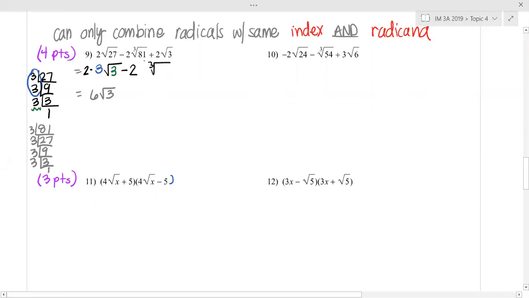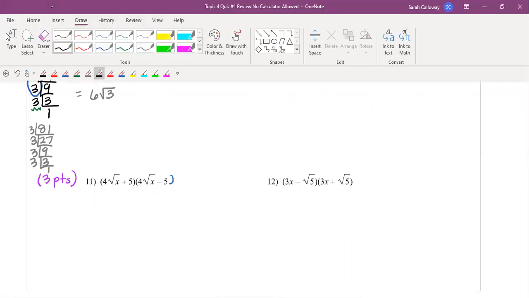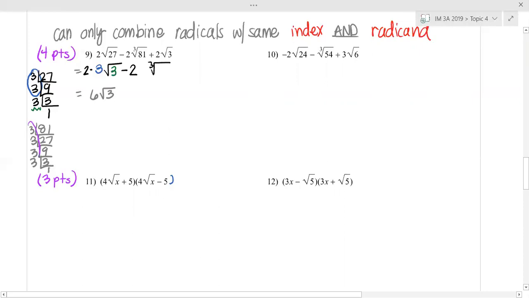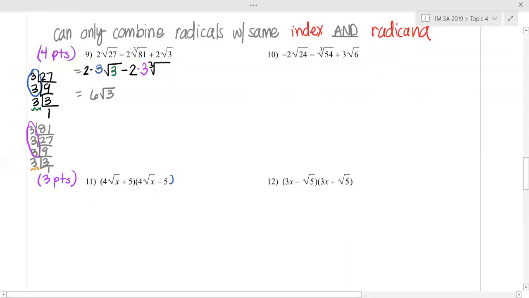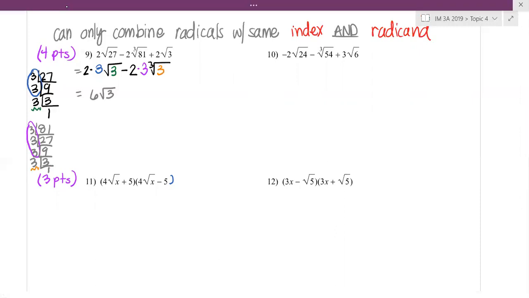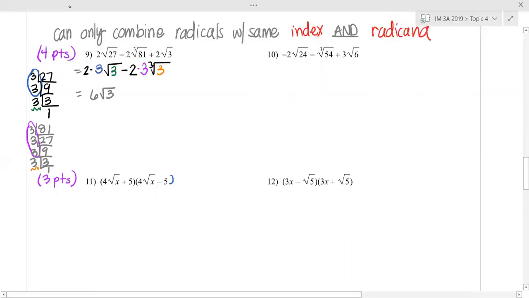This time the radical is a cube root, and so that tells us that we want to take out 3 of the same number instead. So we have 3 3's, and we're left with a single 3 on the inside. So that means that the negative 2 times the cube root of 81 is going to simplify to minus 2 times 3, which is 6, times the cube root of 3.